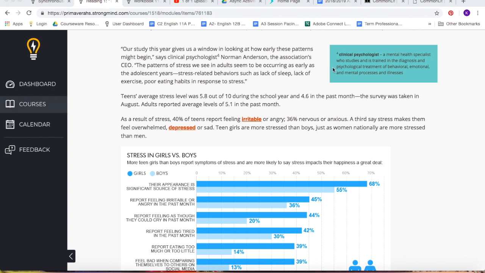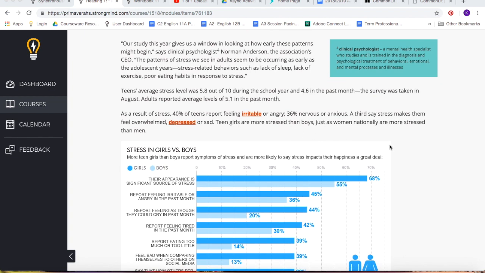Here, this is defining what a clinical psychologist is. So if perhaps the person reading the article does not know what a clinical psychologist is or the role of a clinical psychologist, that's what this text box here is for. This text feature helps to further define or clarify information from the text that you're reading.